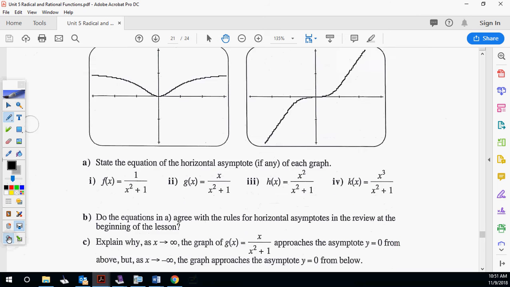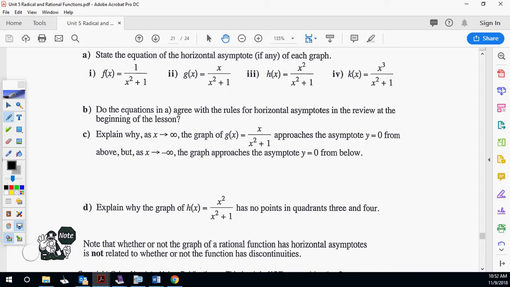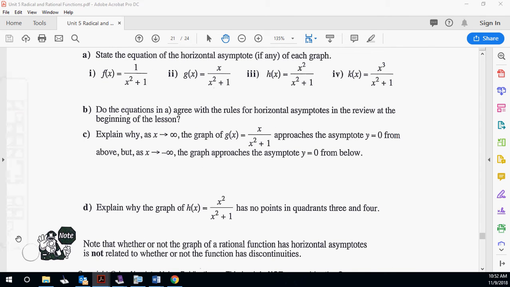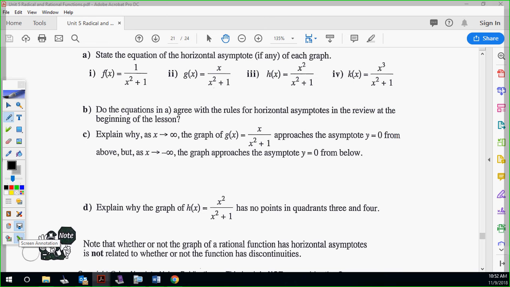Okay. So let's look. State the horizontal asymptote of each graph. So for all those graphs, state the horizontal asymptote. So let's do this together. What is the first one? We already did this one. Yep, y equals 0. Second one. Yep, it's growing faster on the bottom still, right? Y equals 0.